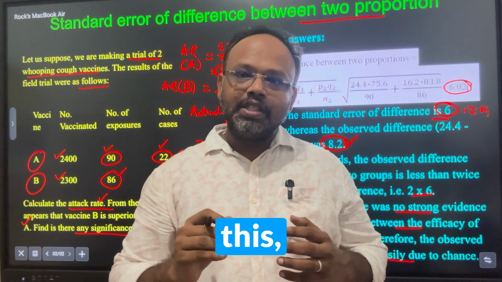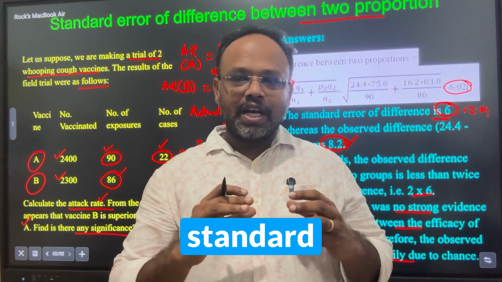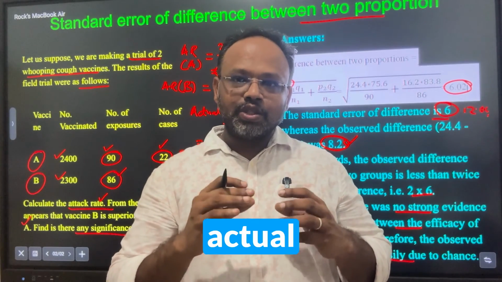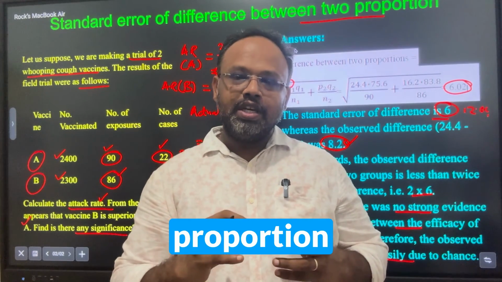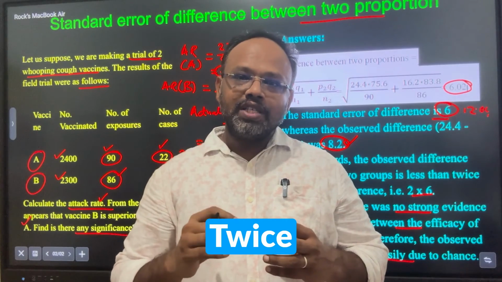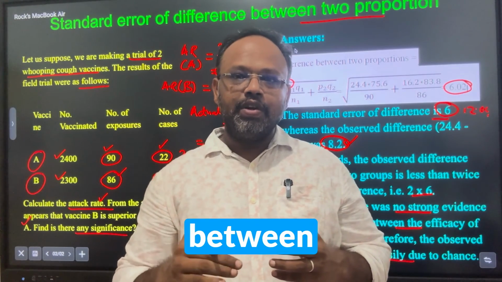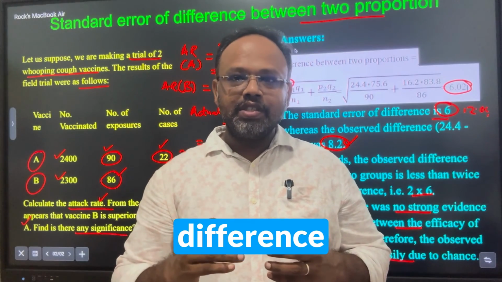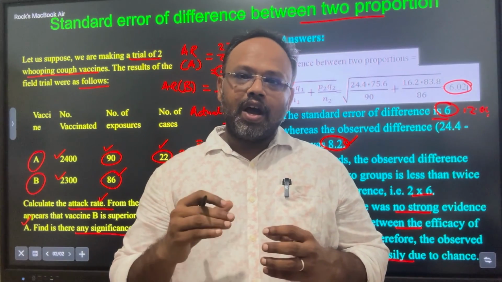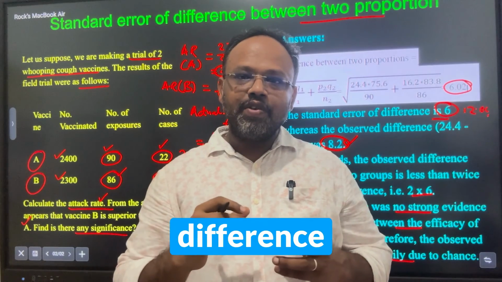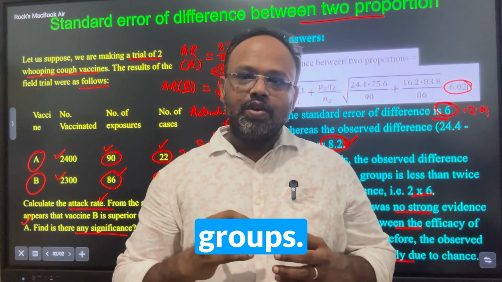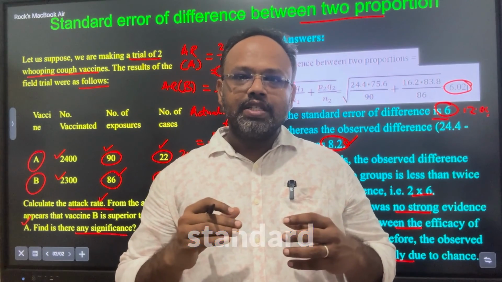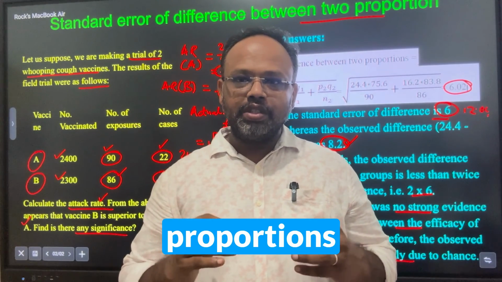If the actual difference in mean or proportion is more than twice the standard error of difference between two proportions or means, then we can say that the actual difference is not due to chance, but due to a significant difference between two groups. We can conclude that way. That is the usefulness of the standard error of difference between two proportions and means.